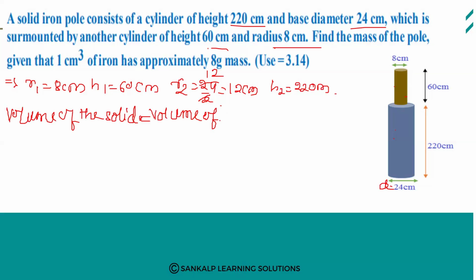Or you can consider volume of the big pole, considering this is a big pole and this is a small one. Big pole plus volume of the second pole, or small one.